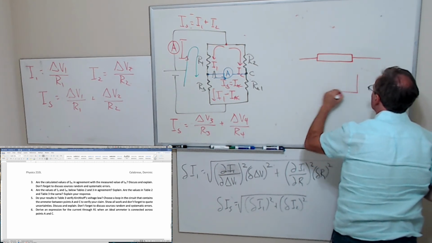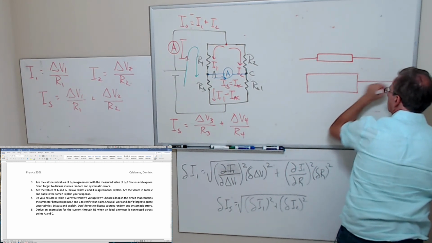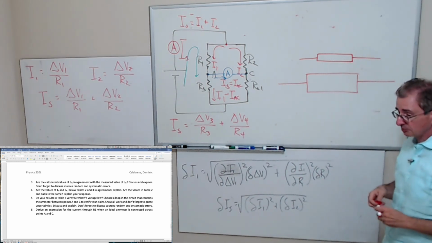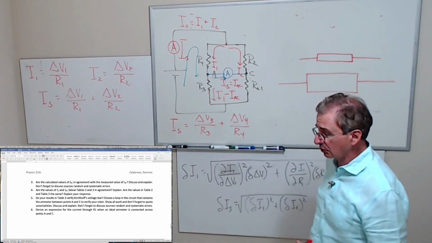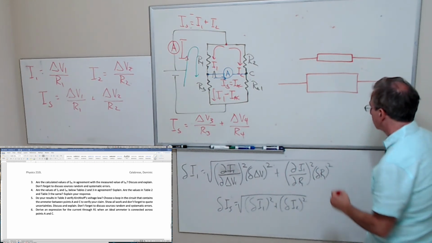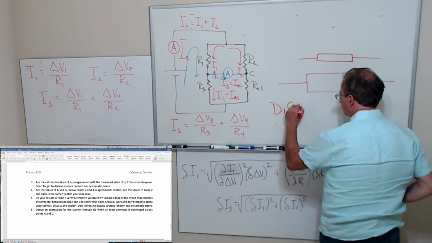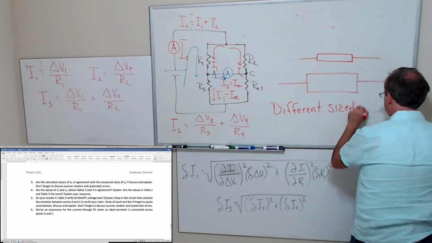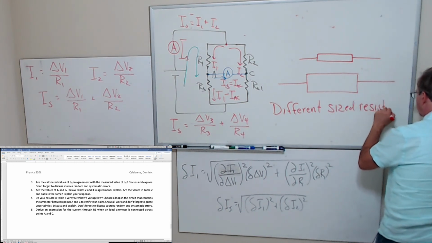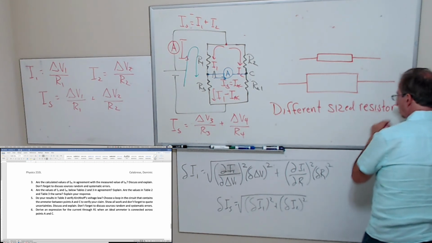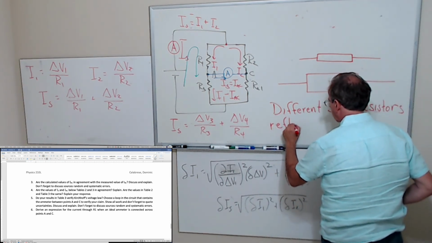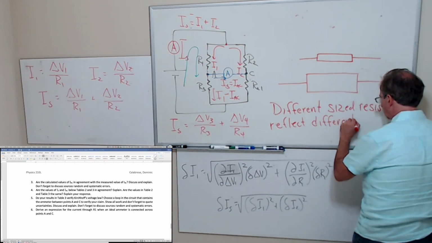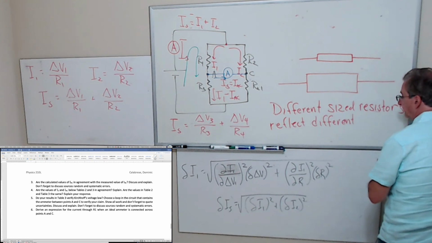And you might have a much bigger one, like this. And the physical size of the two is important because they reflect the power rating of the resistor. So different size resistors reflect different power ratings.